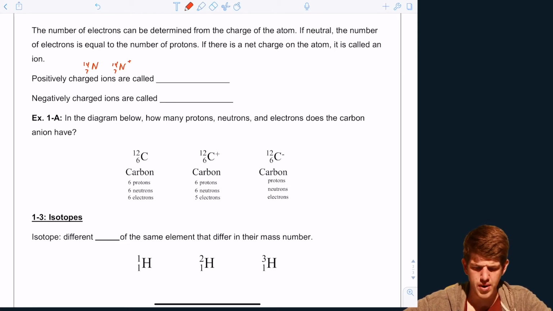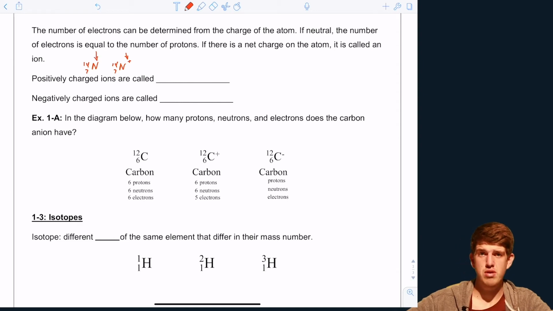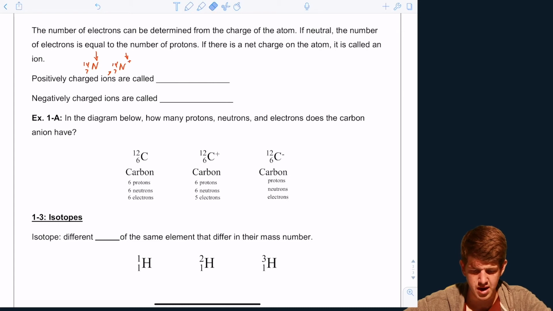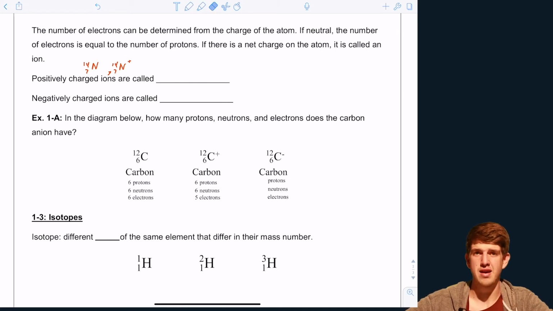So how do I know that this nitrogen with a positive charge isn't different because it has an extra proton? Well, protons, like we said earlier, define the element. If I had an additional proton, this would no longer be nitrogen. There would be an 8 down here, and this would now be oxygen. So the charges on the ions specifically come from electron numbers.